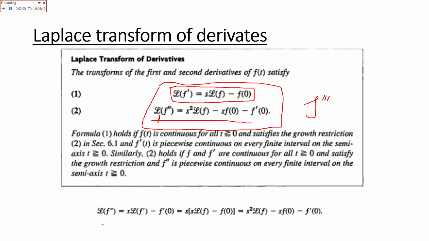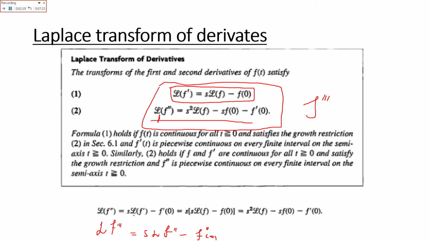Similarly, if we are taking Laplace for the third derivative, it would be s Laplace of second derivative minus Laplace of function derivative of power 2 at f of 0.